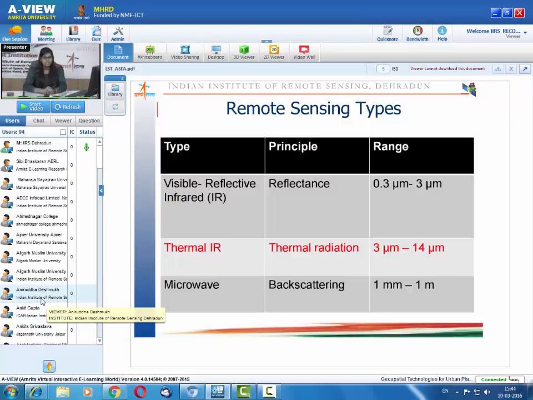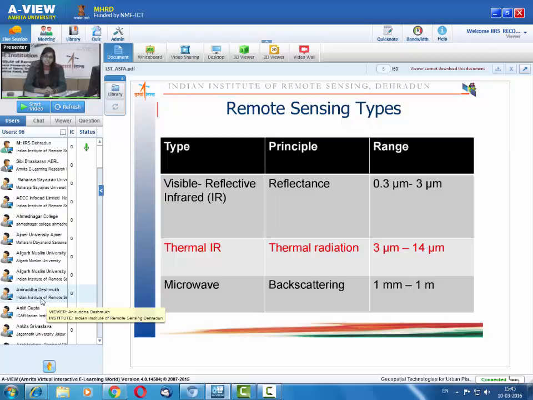The range is from 0.3 to 3 micrometer. The second part of the electromagnetic spectrum gives you the thermal infrared, and the thermal radiation principle it works on. It actually works on the kinetic energy of the surface. And the range is 3 micrometer to 14 micrometer in general.